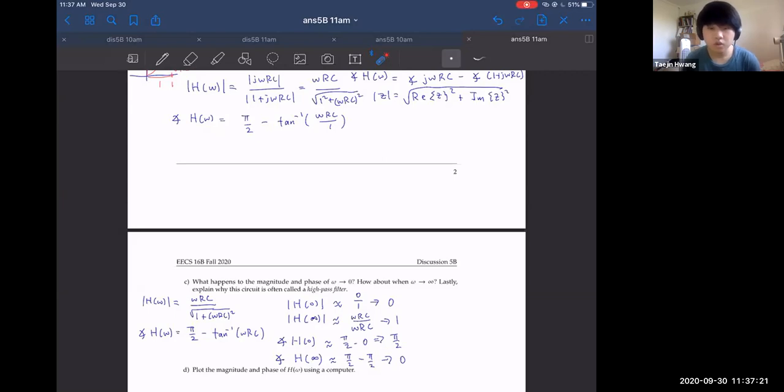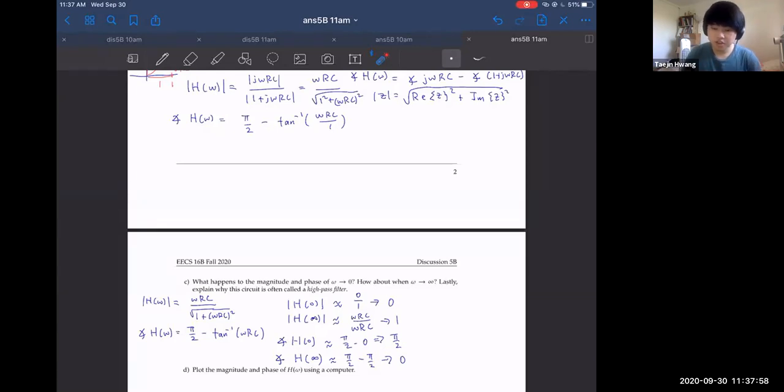Now let's look at the last part. Why does this behave like a high pass filter? Any ideas? If you have any, just type them out in the chat. Low frequencies get sent to 0. Yeah, that's definitely a good idea. And high frequencies are let in.